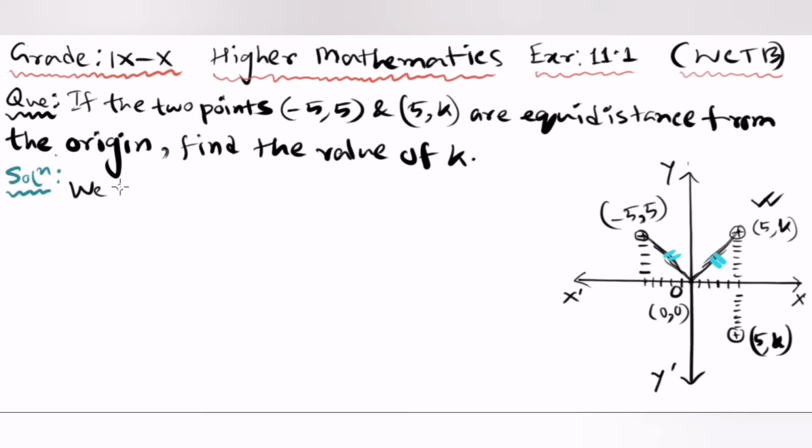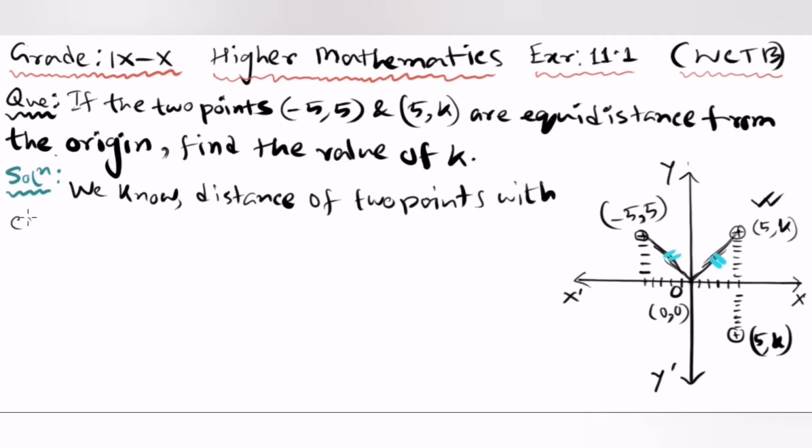We know the distance of 2 points with coordinates x sub 1 comma y sub 1 and x sub 2 comma y sub 2 is, distance is always denoted by d.